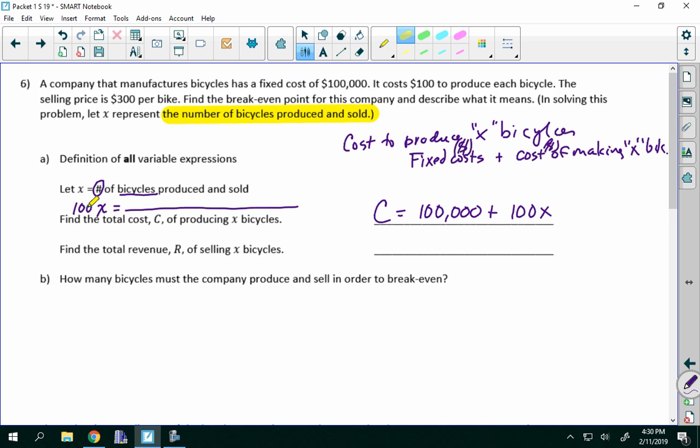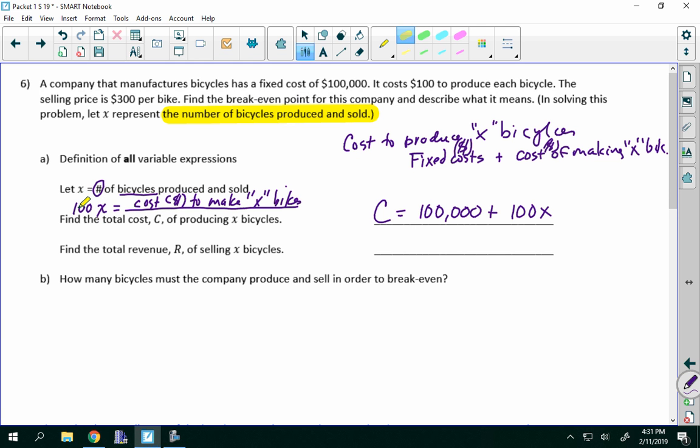This is 100, which is dollars per bike, times X bicycles. So what this represents is just money: the cost in dollars to make X bikes. You tell me how many bicycles, like 10, and 10 times 100 is $1,000. That's how much it costs to make X bicycles. I just wanted to point that out.